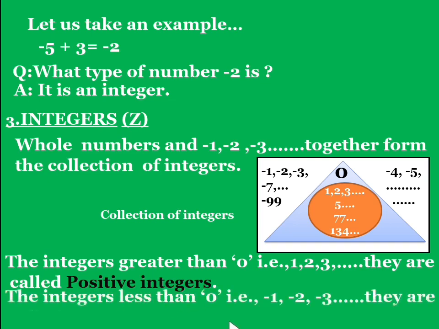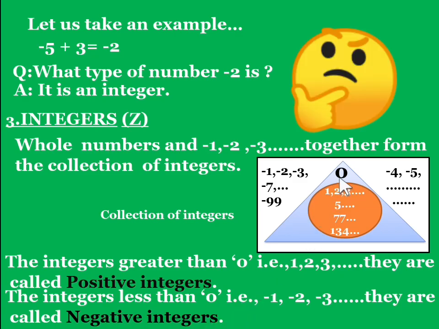And the integers less than 0, that is -1, -2, -3, -4 till infinity, are called negative integers. So what about 0?